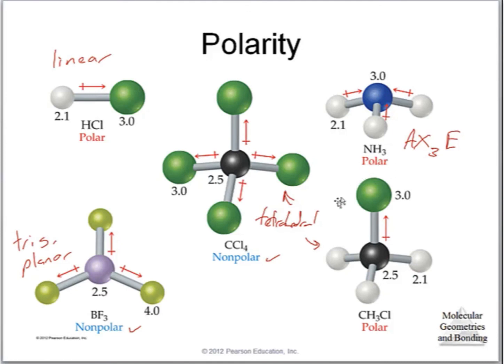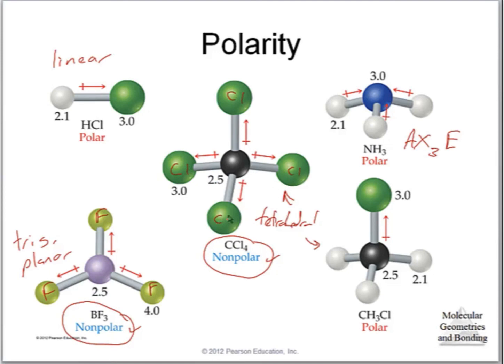The other ones are all symmetrical geometries. So again, they've met the first rule, but notice that it's only these two that actually have the second rule intact, where all the atoms are the same. In each one of these, you have chlorines all the way around.